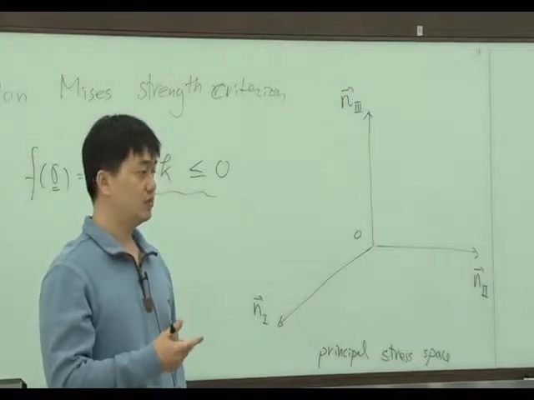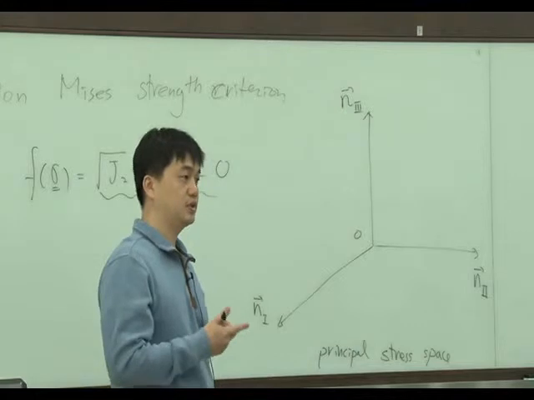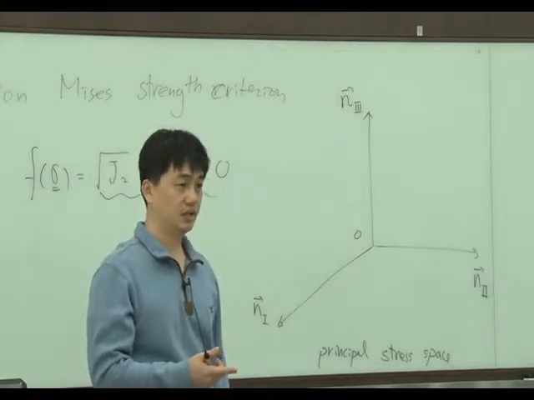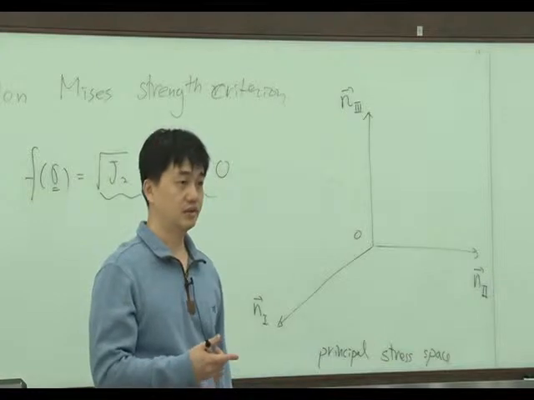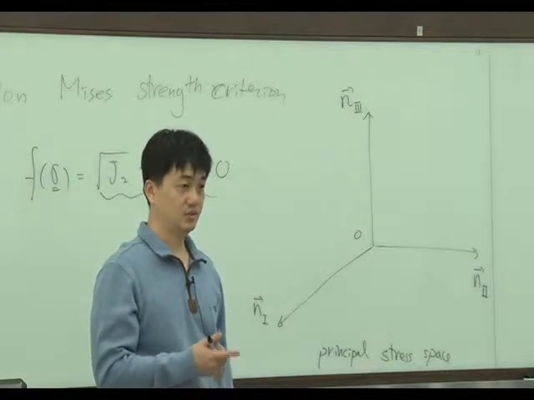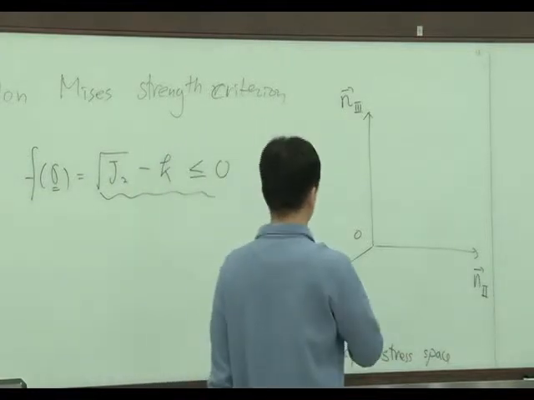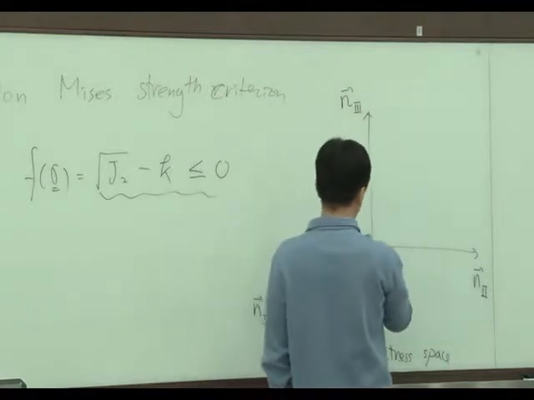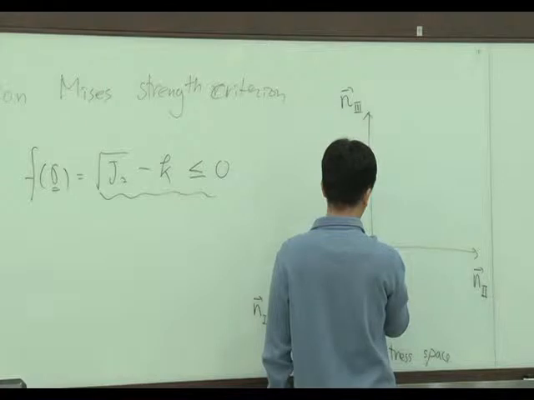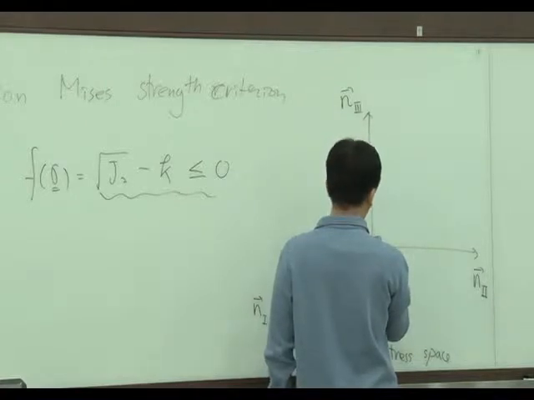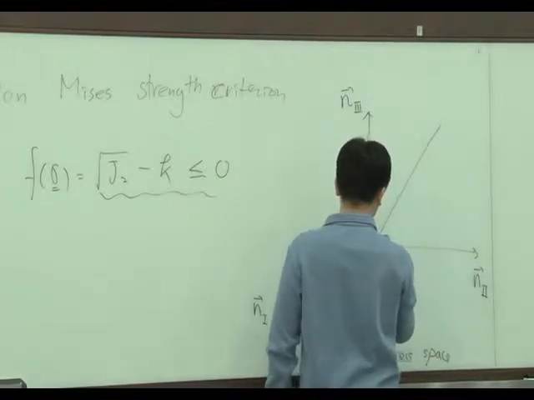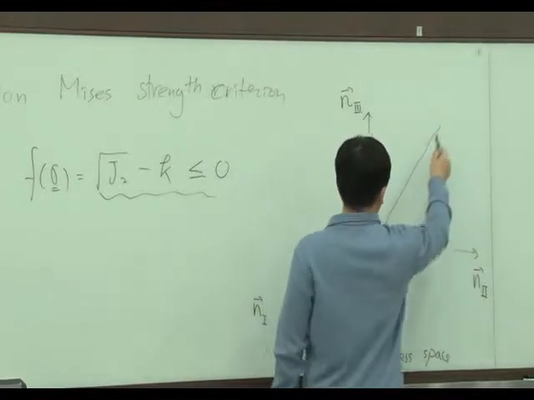And if three principal stresses have the same value, we say this is hydrostatic pressure, right? So when the three principal stresses are the same, all the stress states can be on this line.